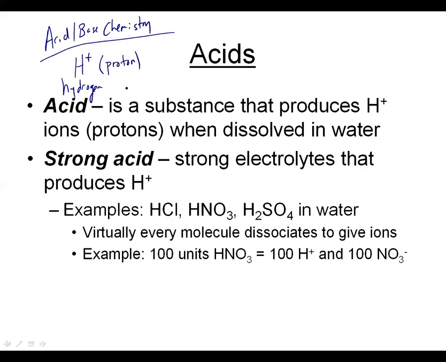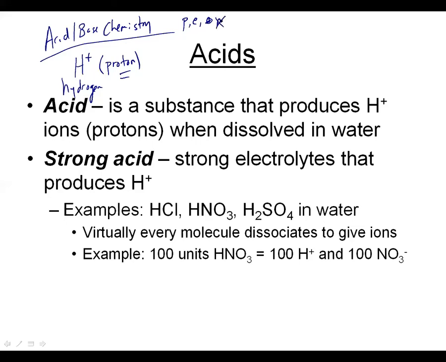It's referred to as a proton because, if you remember, hydrogen is the one element that does not have all three of the subatomic particles. Hydrogen has a proton and an electron, but it does not have a neutron.